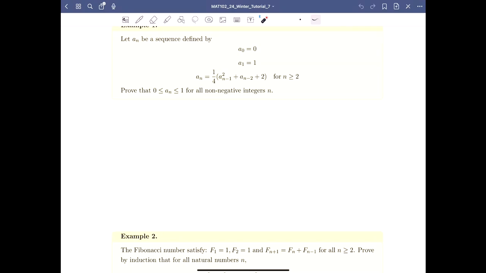The incorrect part is your base case is wrong. Let me remind you, the base case, you should start with the smallest number for which the statement is true. So this is a statement, what is the smallest number n for which the statement is true? You're looking for this, not this.